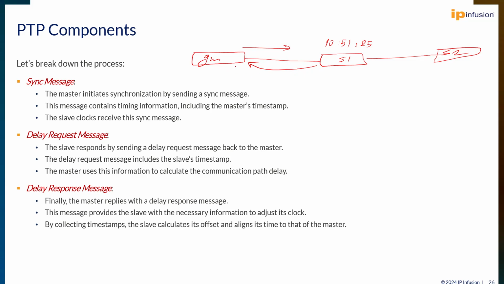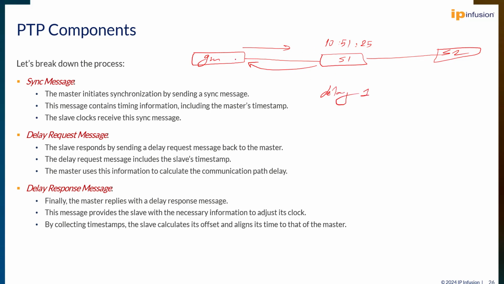And when did you receive it? Grandmaster, of course, is a source in here. So it just receives the message, and it checks and sees that it is 27 seconds. And it says, okay, 1 second of delay was here, and it responds to switch 1 using a delay response message. And so switch 1 is going to understand that the delay between it and the grandmaster is 1 second.